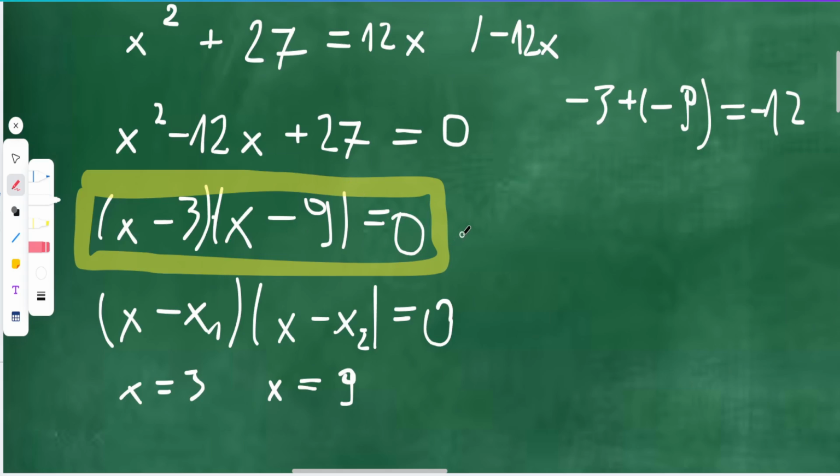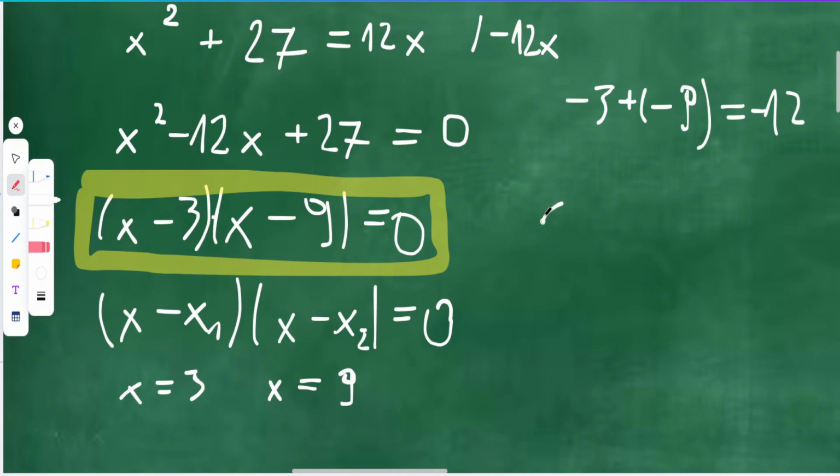For example, 0 and 5, 0 and 7, 0 and minus 3. Any multiplication with 0 will give us 0. So we have to assume that either this bracket is equal to 0 or this bracket is equal to 0.